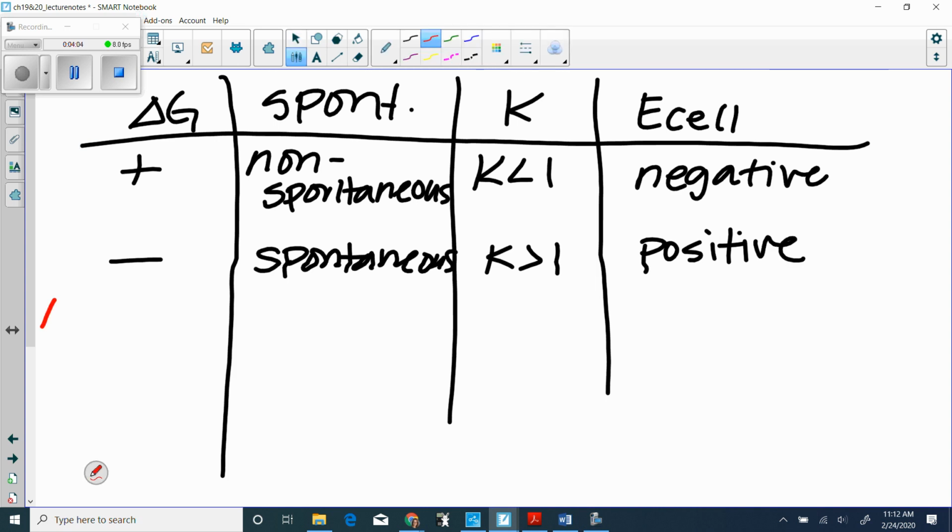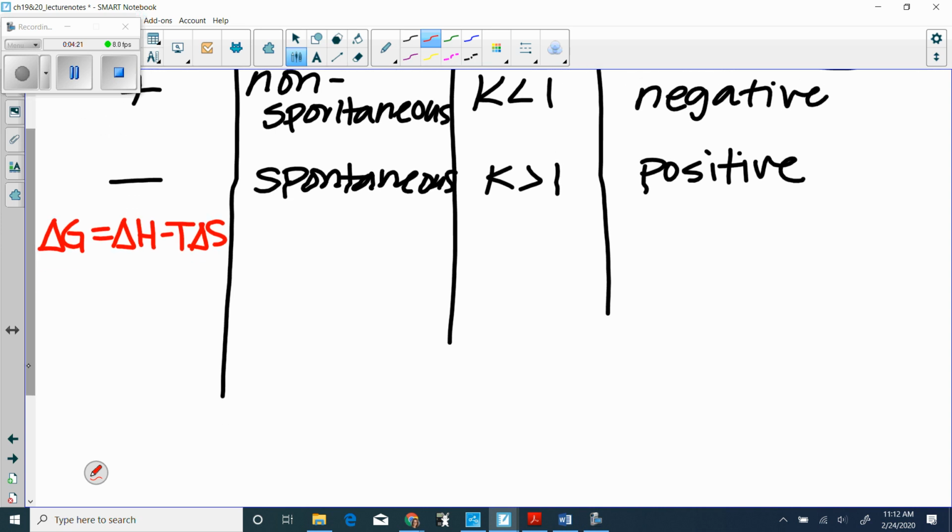We have 3 different delta G equations. The first one we learned was delta G equals delta H minus T delta S. That is for when you have enthalpy and you have entropy. We're going to learn 2 more equations just for solving for G. So when you see a question that says solve for G, you're going to need to choose from these 3, but it's like physics where you just pick the one where you have the units for.